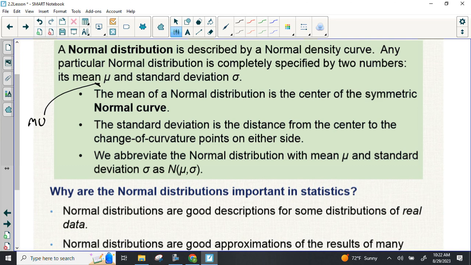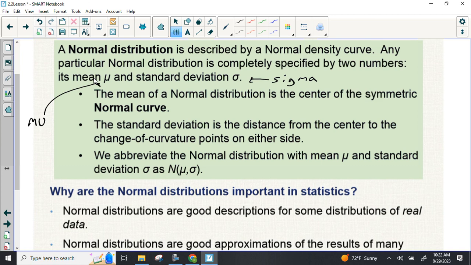This thing is sigma. It's assumed that if I call up mu, I'm talking about a population mean. If I write the symbol sigma, then I'm talking about a population standard deviation.